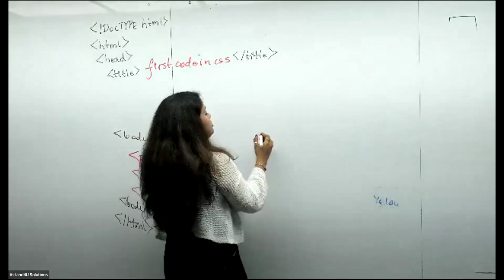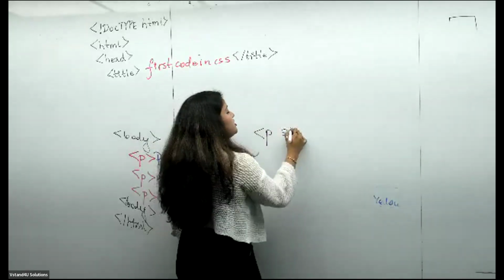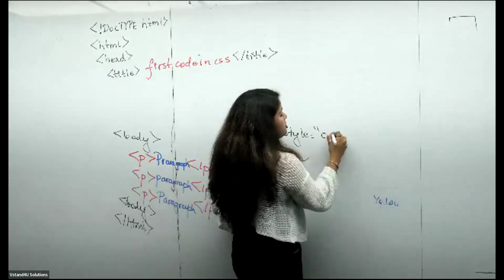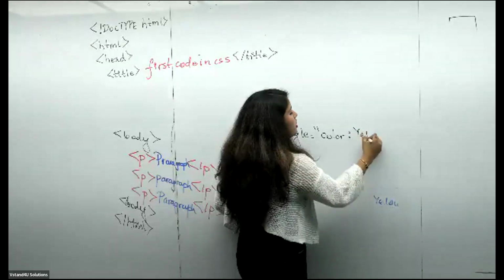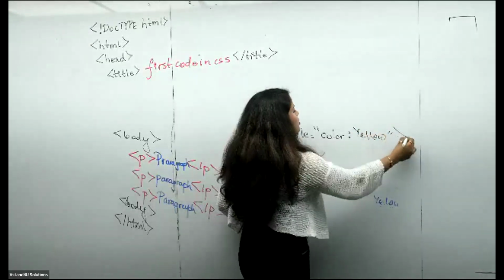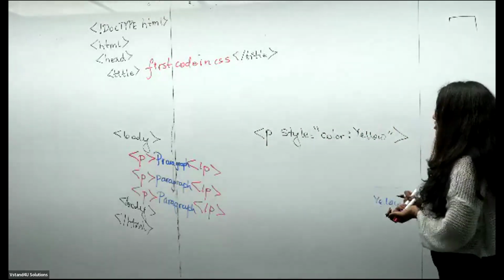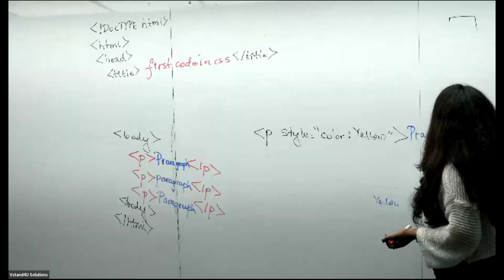Okay. So now how will I be writing? I will be using the attribute called style. And inside this, let me mention the color is yellow. Okay. And then close this. Pass some content to this. The content is nothing but paragraph.